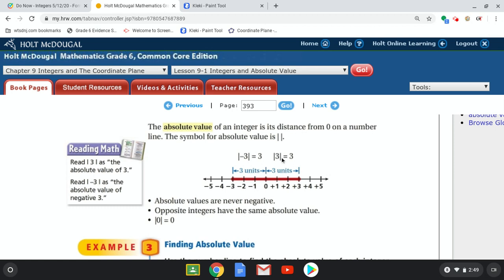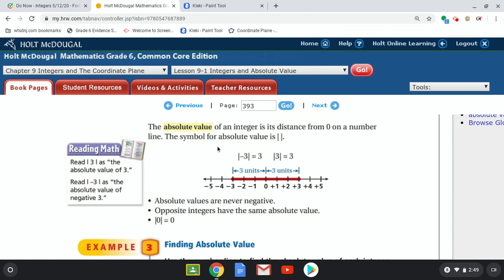Let's see how far the number 3 is from 0. We're at positive 3. How far is that from 0? 1, 2, 3 units from 0. So the absolute value of negative 3 is equal to 3, and the absolute value of 3 is equal to 3. Remember, absolute value can never be negative.